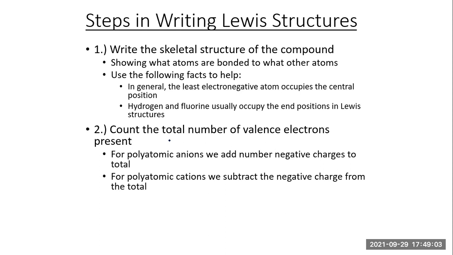When we draw these things, we do want to make sure that we put them in the correct order. The first thing you want to think about is the logical arrangement of how you would put those atoms together.